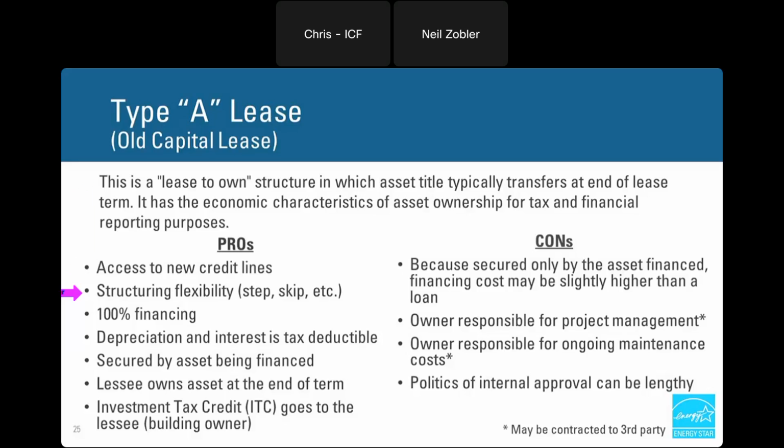So examples would be like a step lease or a skip lease. For example, what is a step lease? Step lease is one in which the payments step up as the product is being installed. So the more energy savings you realize, the more you pay back to the investor. So a skip lease is one that we did for one of the utilities in New York, which was for an amusement park.